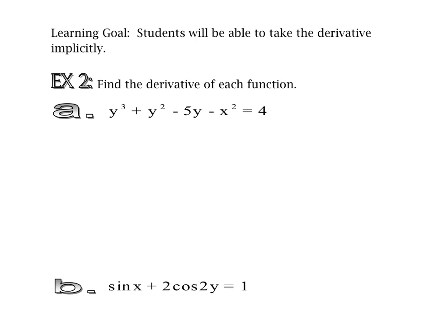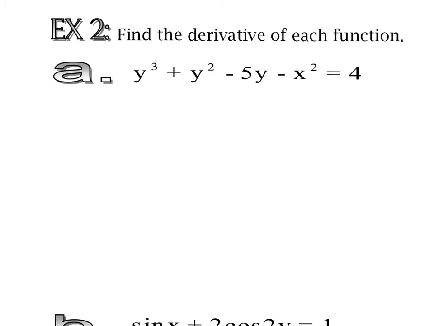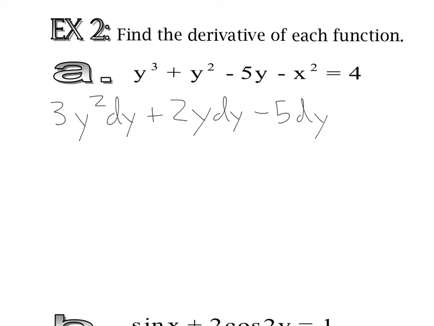All right, look at this guy. So we're going to take the derivative of this implicitly. So let's just go ahead and go for it. It's going to be using the power rule. So this would be 3y squared dy plus 2y dy minus 5 dy minus 2x dx equals 0.